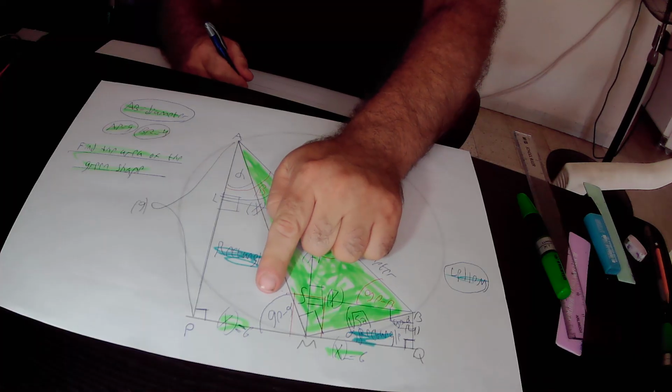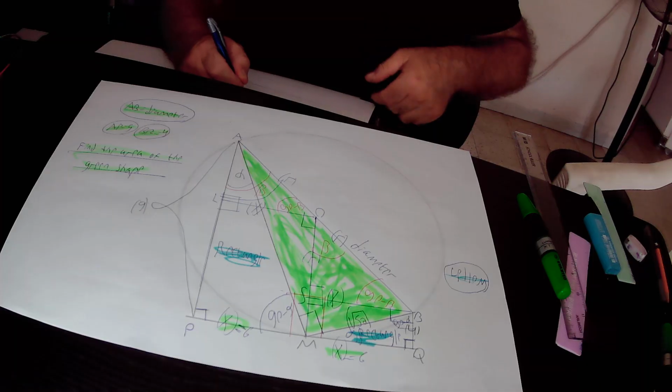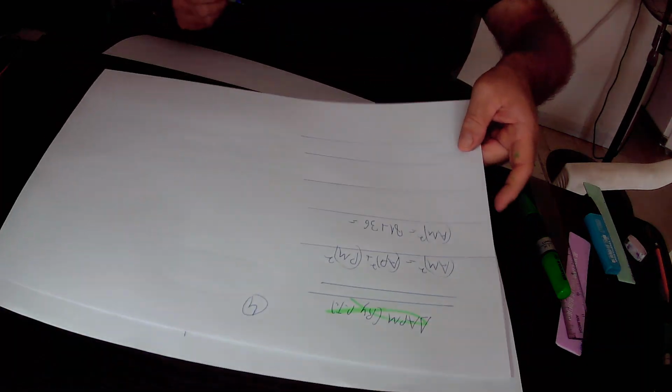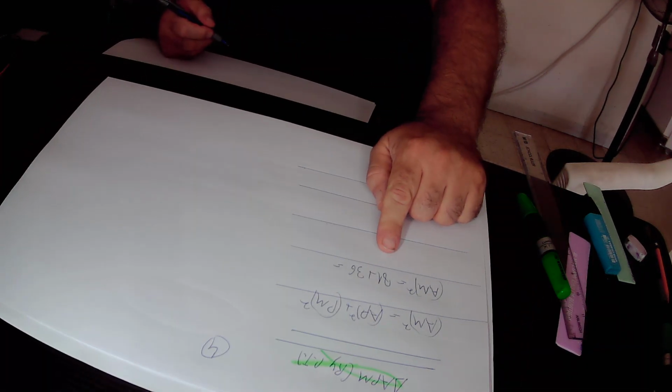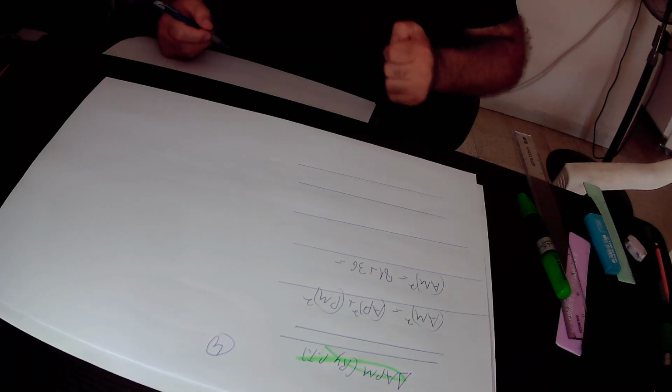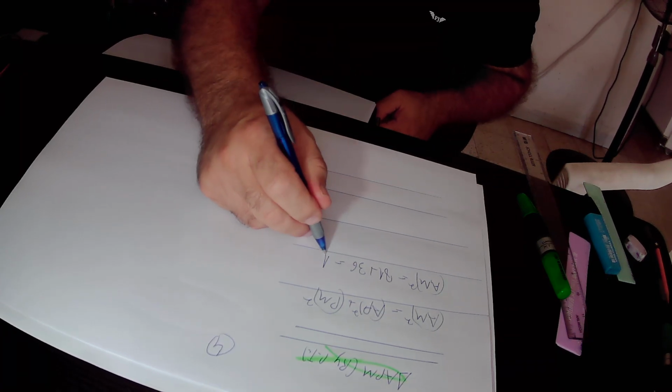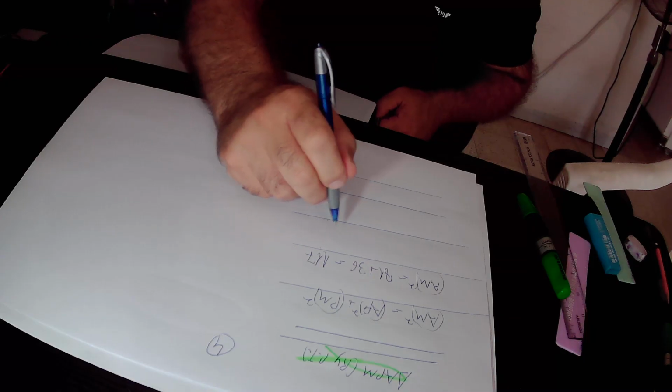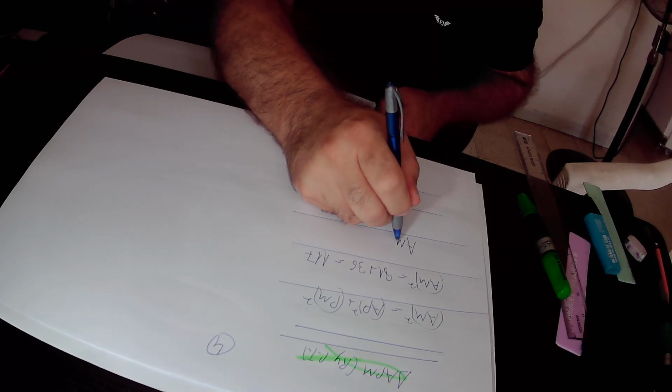PM is 6, therefore PM squared is 6 squared, that is 36. So in total, AM squared equals 81 plus 36, which is 117.